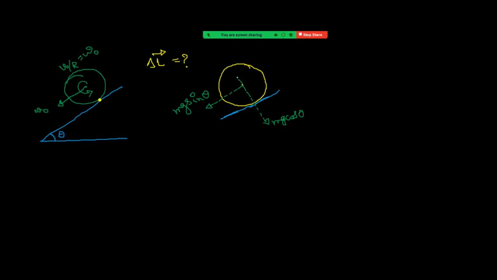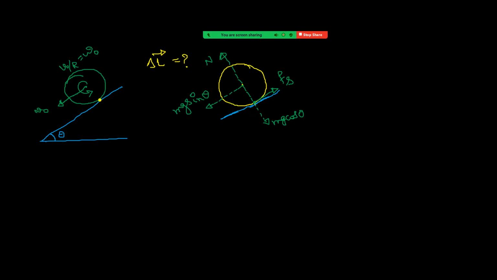The normal reaction passes through the center of mass. Next, coming to the frictional force at the contact, that will be up the incline. We have learned that whether a body rolls down the incline or up the incline, in both cases the frictional force on the body will be up the incline.